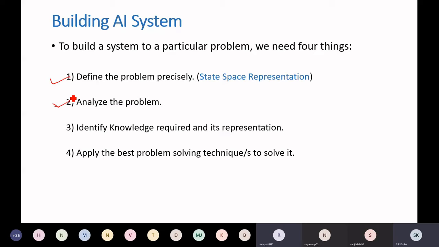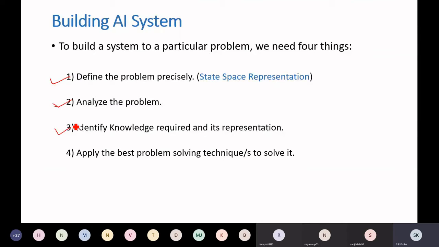But in spite of that, we have certain steps that have to be followed, and these are the 4 steps. If you analyze the problem, you will get an idea how to go about solving it on a computer.